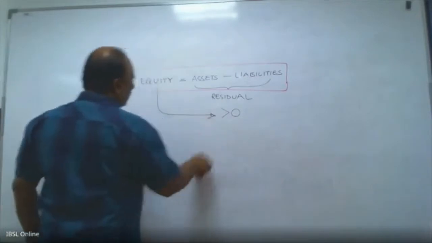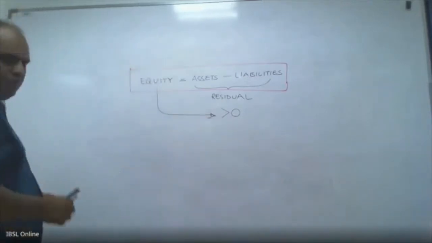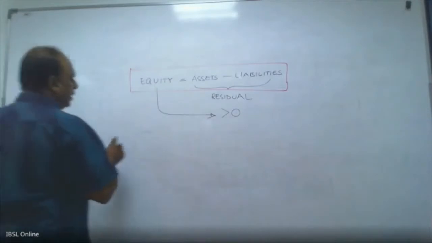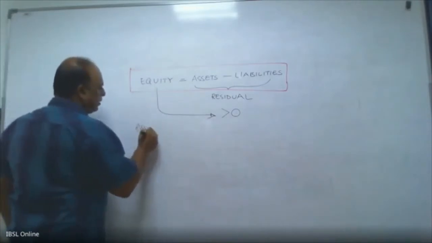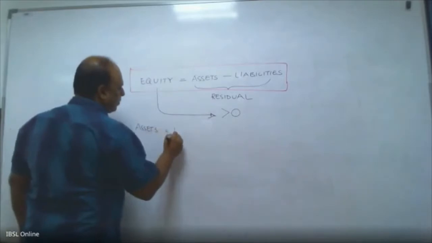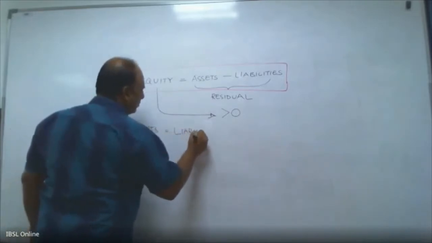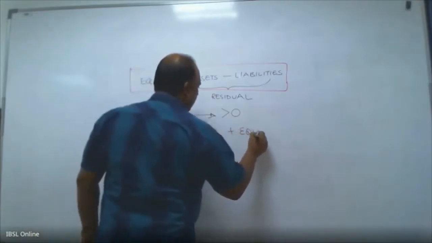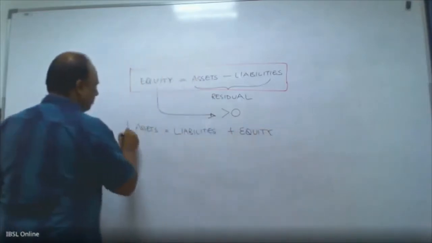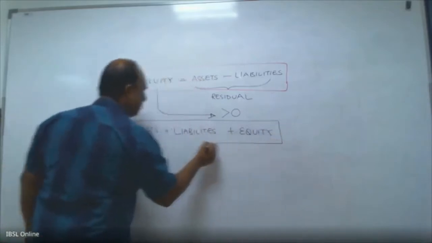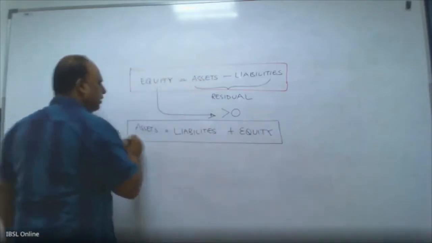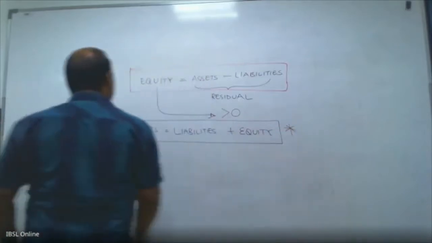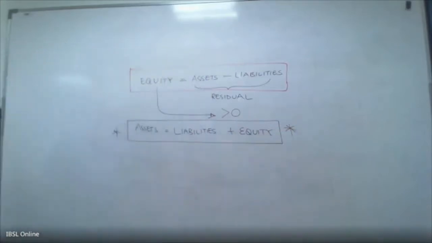And from this definition, we derive this equation. That is, assets equals liabilities plus equity. Very important derivation. Assets equals liabilities plus equity. Please take down.